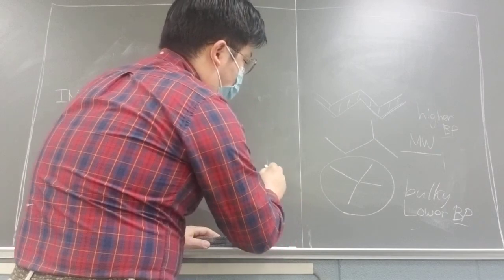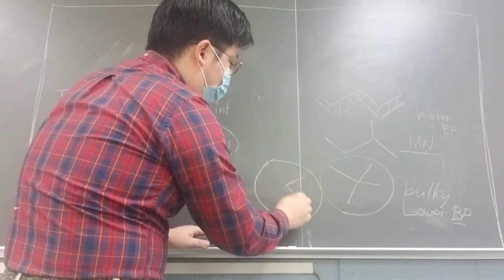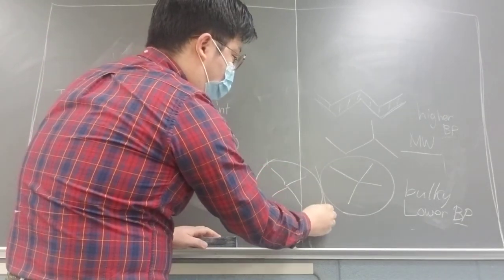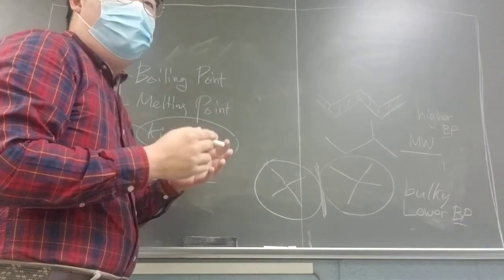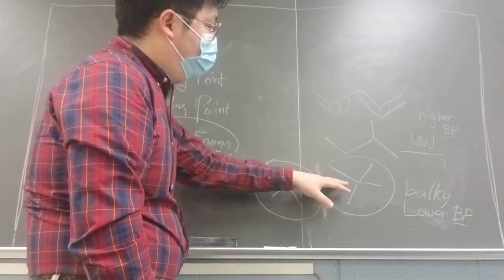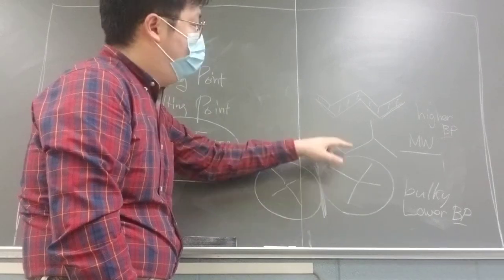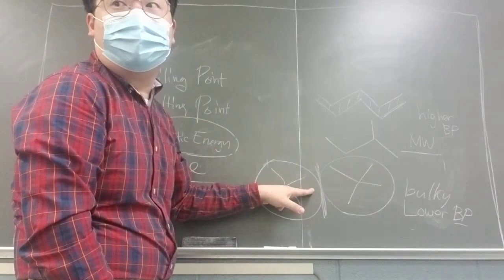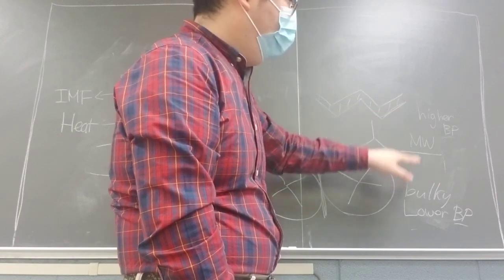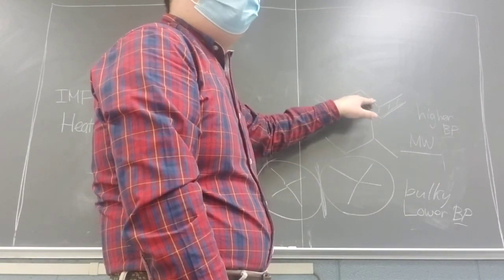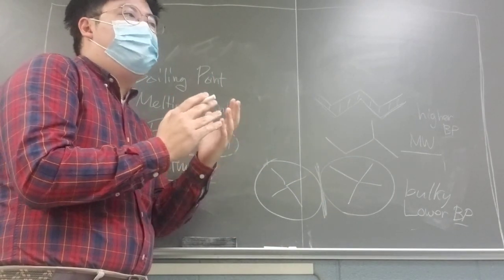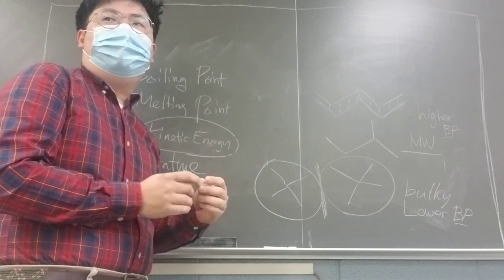But if you have a bulkier compound coming next to a neighbor molecule, they only have a certain limited space where they can do the interactions. So that is why they're going to have a weaker interaction than this one because of its structure. So eventually this will lead to a higher boiling point than this one. So it's all relative, and you can find out just by looking at the structure of the alkane compounds.